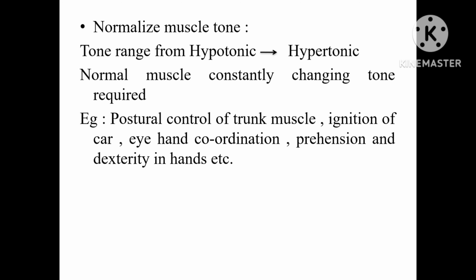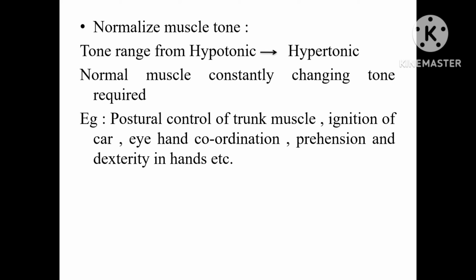Now, why is tone important? Tone can range from hypotonic to hypertonic. To perform any given task, it is important for the muscle to have a certain amount of tone. For example, for postural control of trunk muscles, the tone should be there in the proximal muscles.